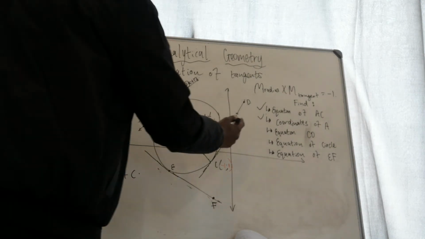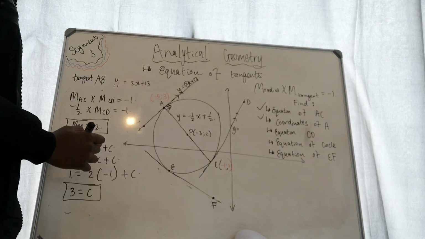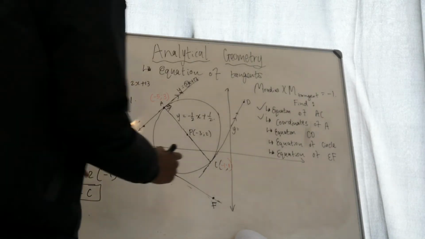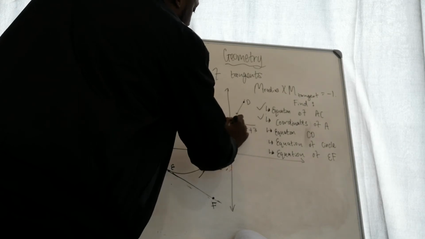And so the equation of this guy is Y is equal to, where's my gradient? So 2x plus 3.